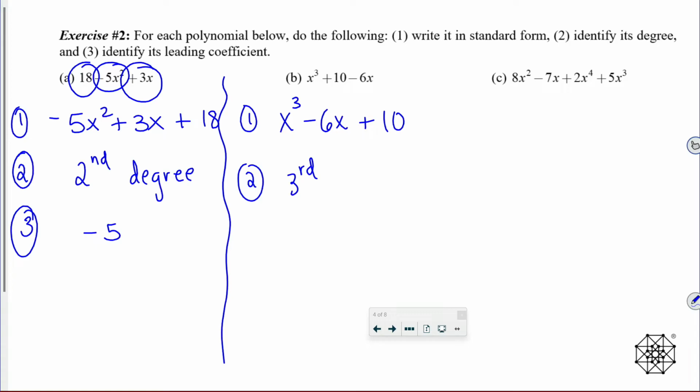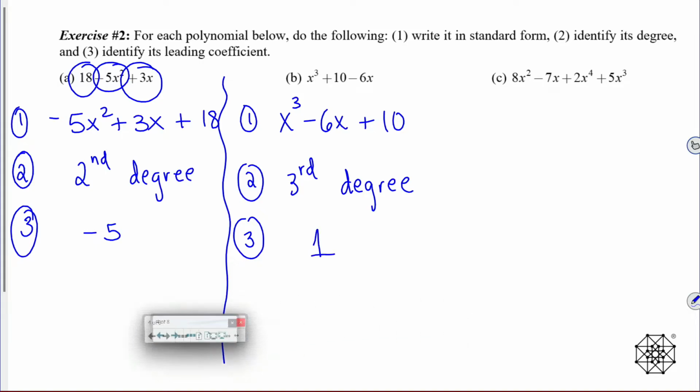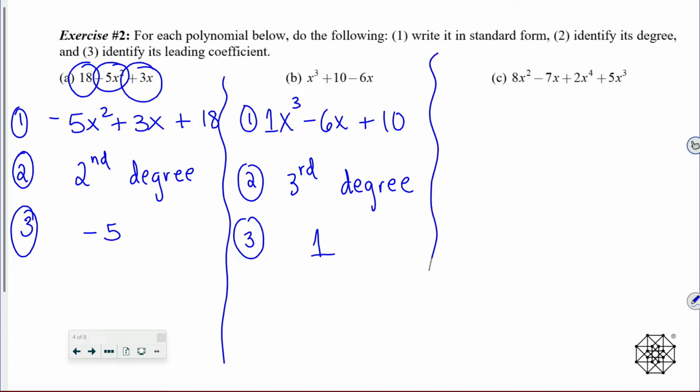This is a third degree polynomial because the highest power is 3. And our leading coefficient is equal to 1, right? I don't want to say my leading coefficient is ever equal to x or x cubed or anything like that. I can think about this as 1x cubed.